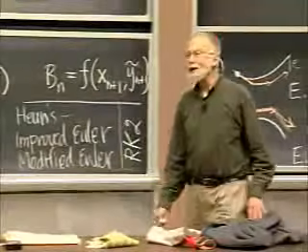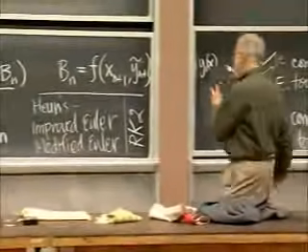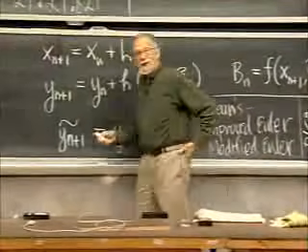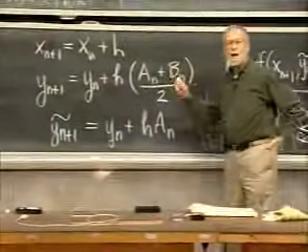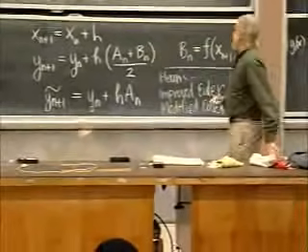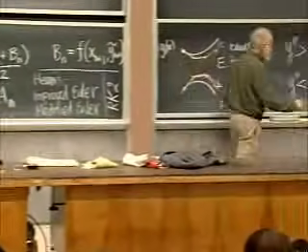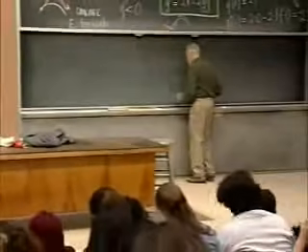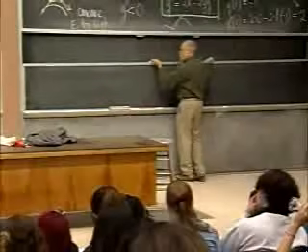RK stands for Runge-Kutta. And the reason for the 2 is that it uses 2 slopes, but the real reason for the 2 is that it is a second-order method. So that's the most important thing to put down about it. It's a second-order method, whereas Euler's was only a first-order method.